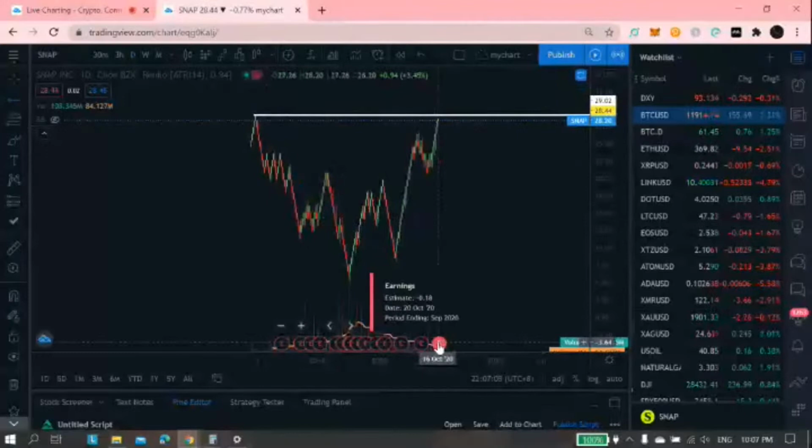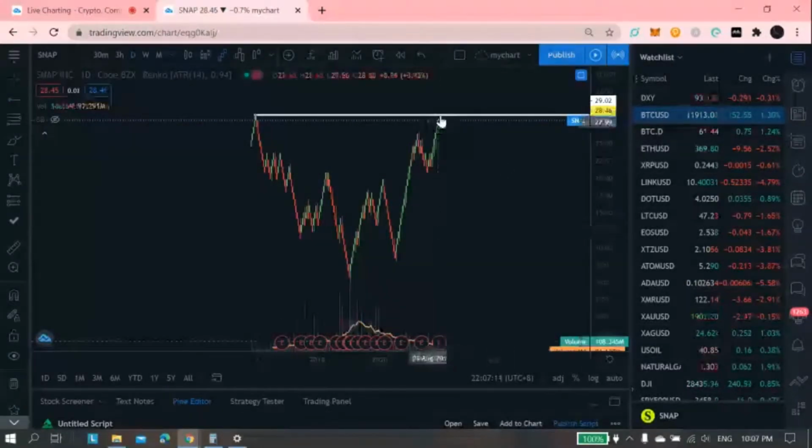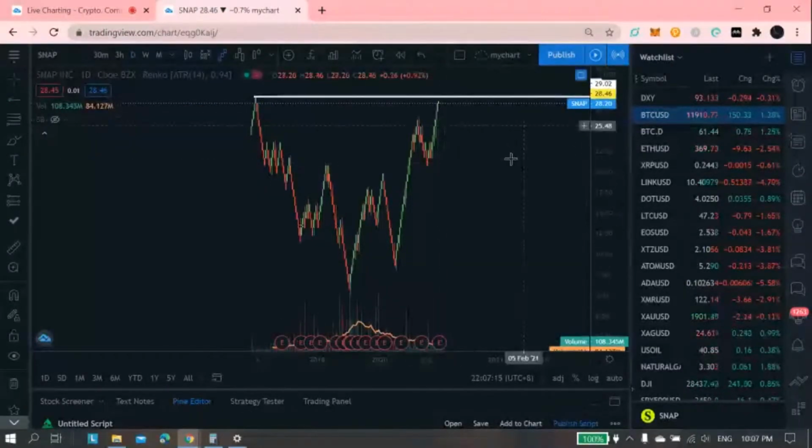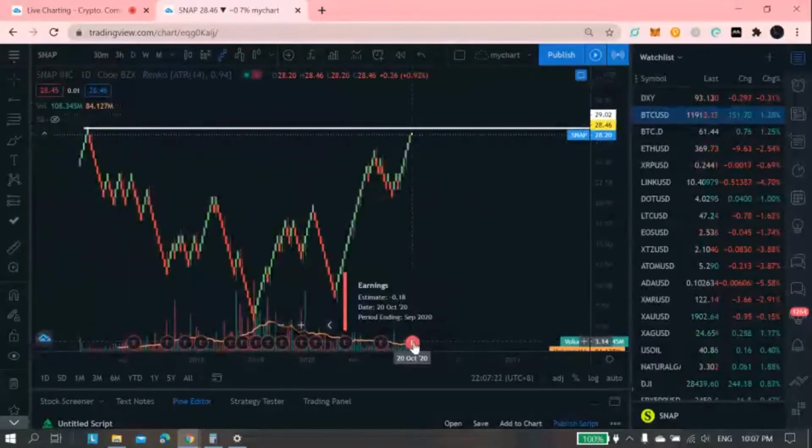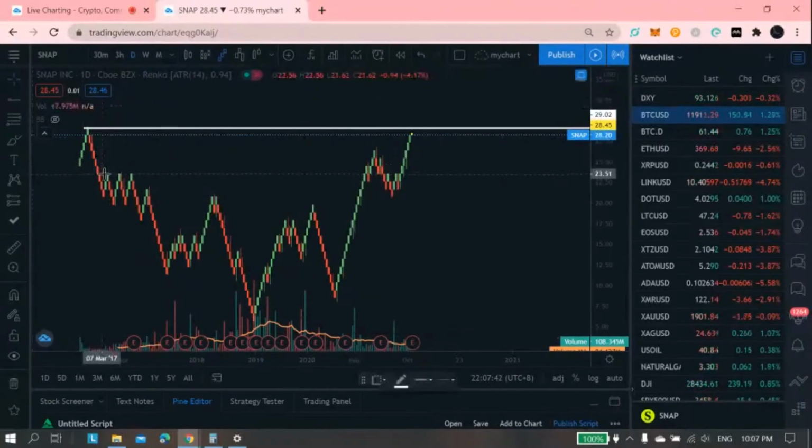When is the earnings due? Oh, today? They are expecting negative earnings. So possibly let's wait for the earnings. But if the earnings are not that good or disappointing, it could possibly pull back and retest around this area. This is actually a strong support here, around this 23 area.